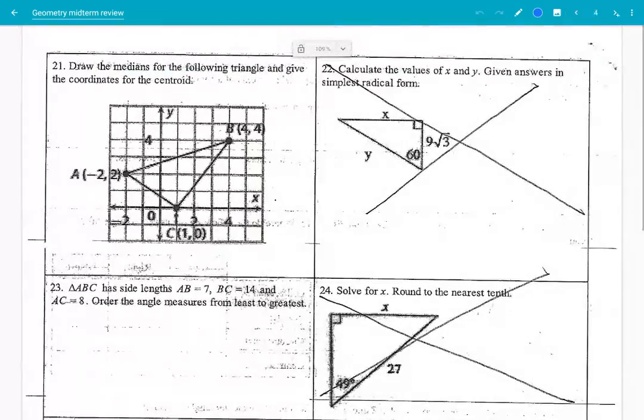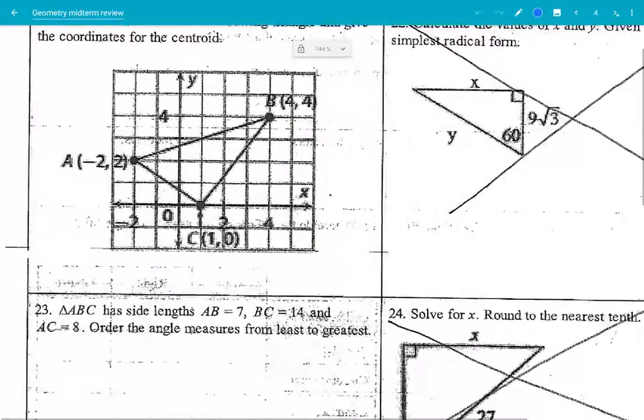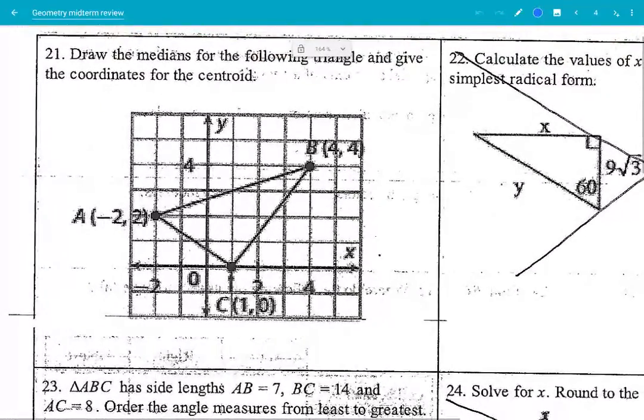Okay. Draw the medians for the following triangle and give the coordinates for the centroid. All right. Draw the medians. Well, we need to find the midpoints. So let's see. The midpoint. We go down 2 and over 1, 2, 3 for that segment. So let's go down 2 over 1.5.